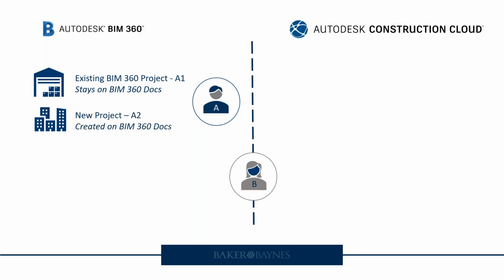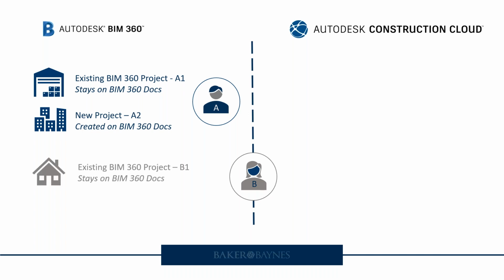Then person A also had this new kind of pipeline project, which they'll start soon, project A2, and he can create that project on BIM 360 Docs because that is what he currently has access to. And he can continue with that project, if it's a 1 year or 2 year long project, however long, on BIM 360 Docs. Now person B, just to recap, she has worked on BIM 360 Docs on a project because other people invited her, and she has an AEC collection.